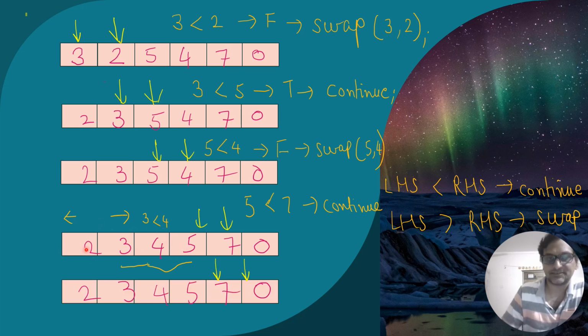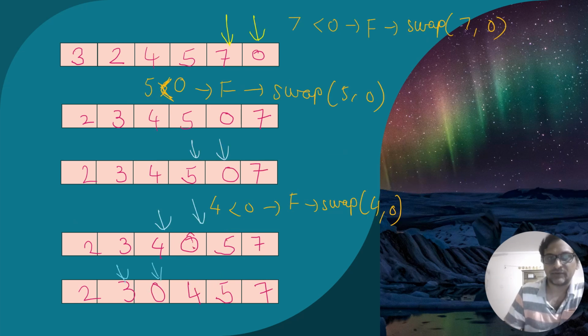And likewise, when we compare 5 and 7, 5 is less than 7, we continue, and the pointers now point to 7 and 0, and no correction is needed at this point in time. However, when we compare 7 and 0, we realize that the condition is false, and then we swap 7 and 0.